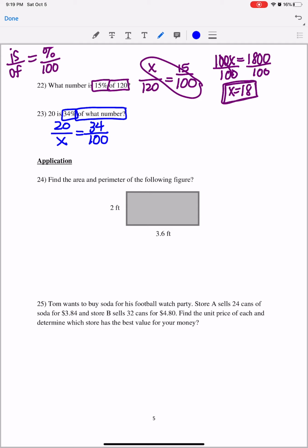So cross multiply. 34 times x, and then 20 times 100 gives me 2,000. So then divide both sides by 34.